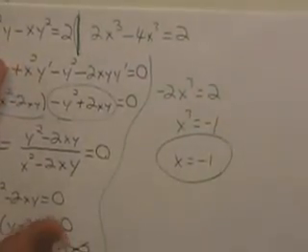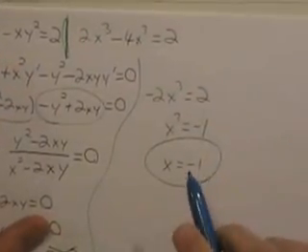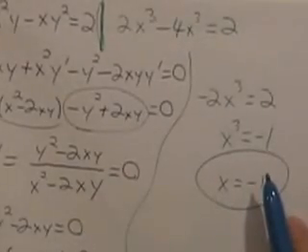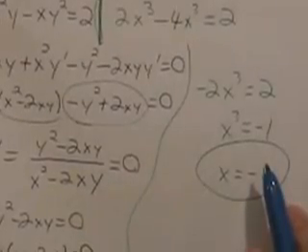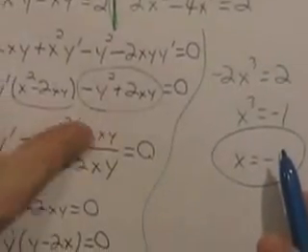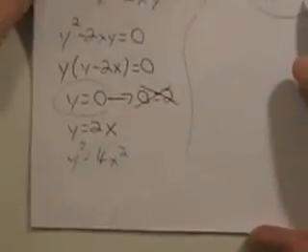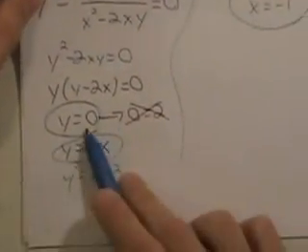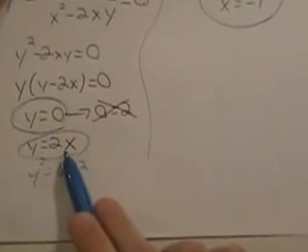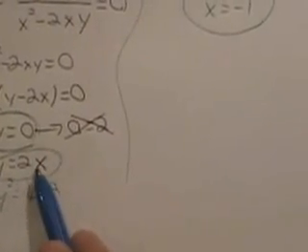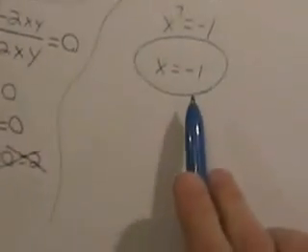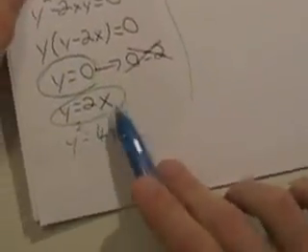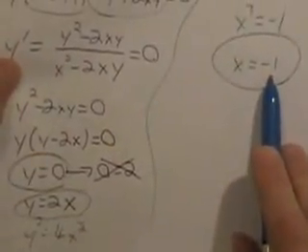Whew. Alright, so what did we do? We took the curve, found dy/dx, set it equal to 0, and got two sub-conditions. We found that this one didn't work in the original, but this one did. And that led us to this: if this condition is to be satisfied, x must equal -1.